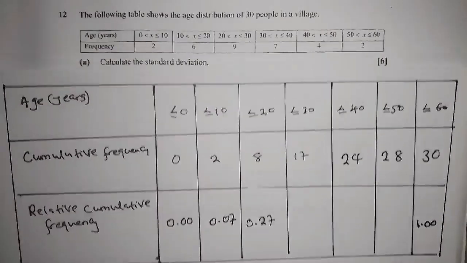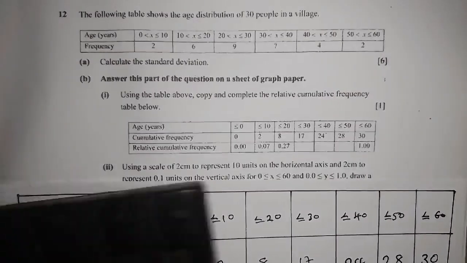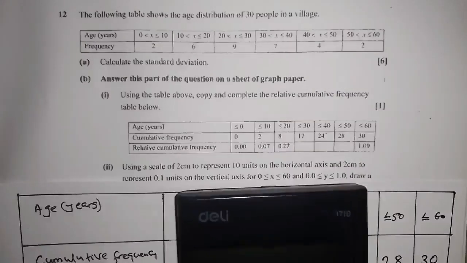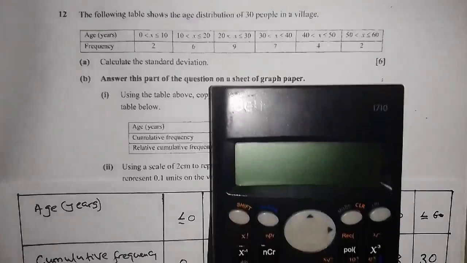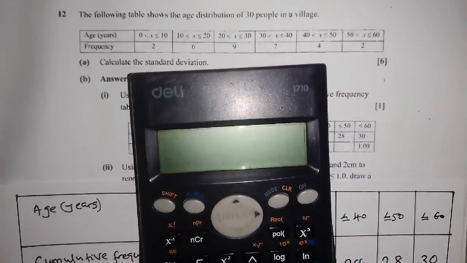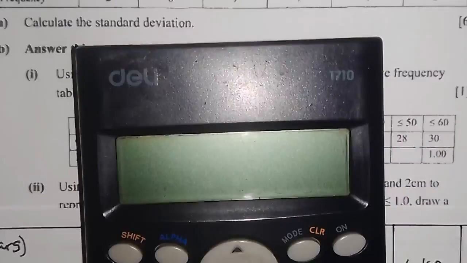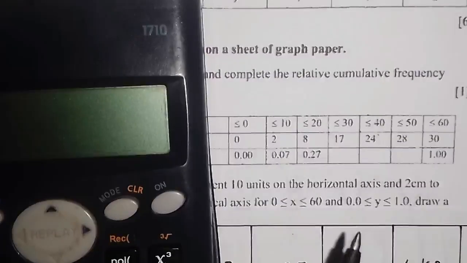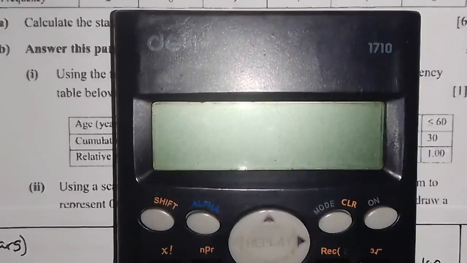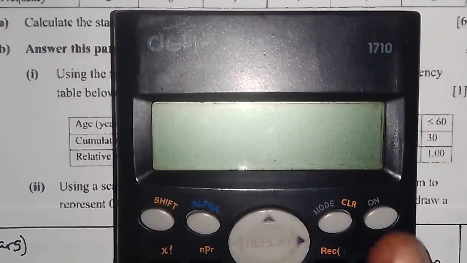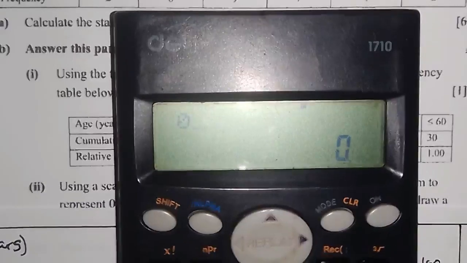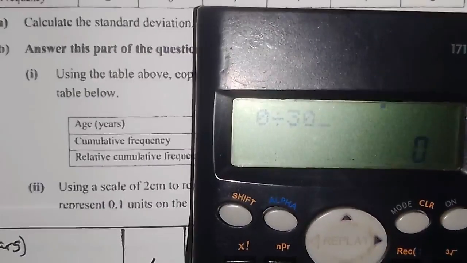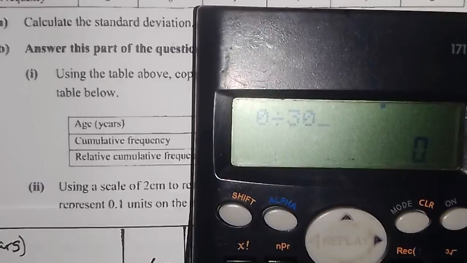So what you need to do is understand how they got the 0.00. Use your calculator. You get this number 0, and you divide by 30, the total number of people.